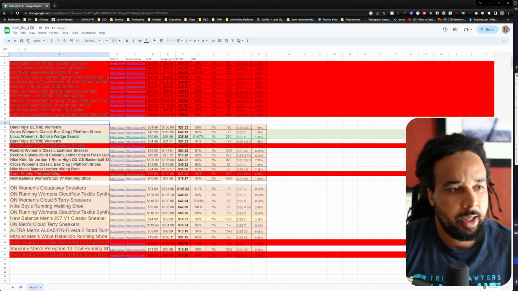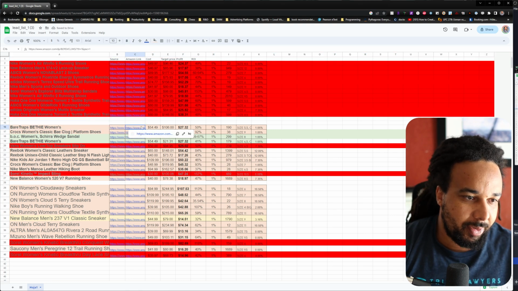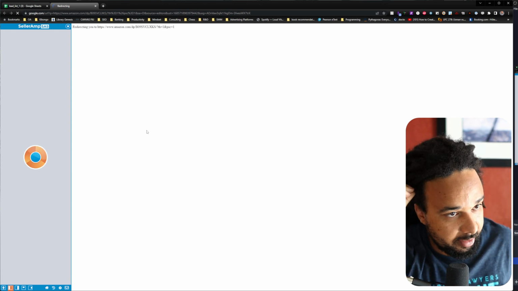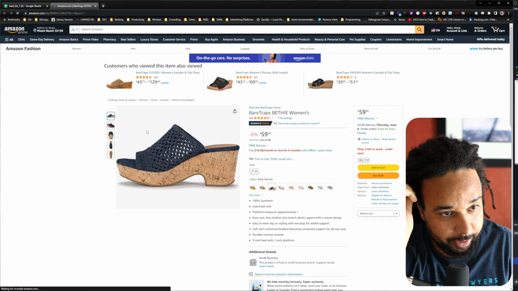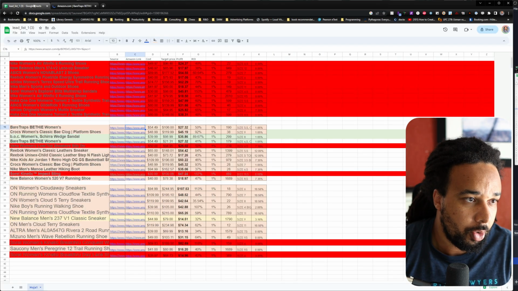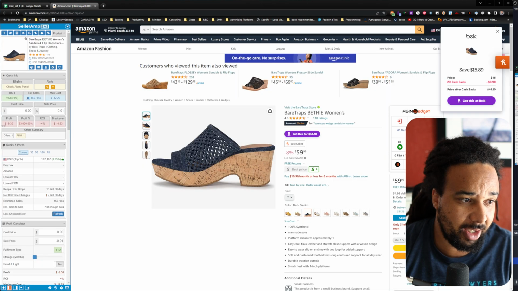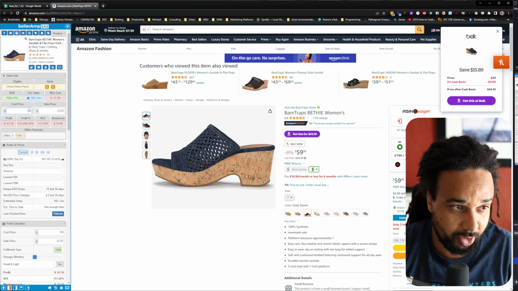All right. Next, bear traps. Okay, so this is like sandals, I believe. Let's see. Yeah. So we were supposed to sell it at $106, and it's now selling at $59. We get it for $54.